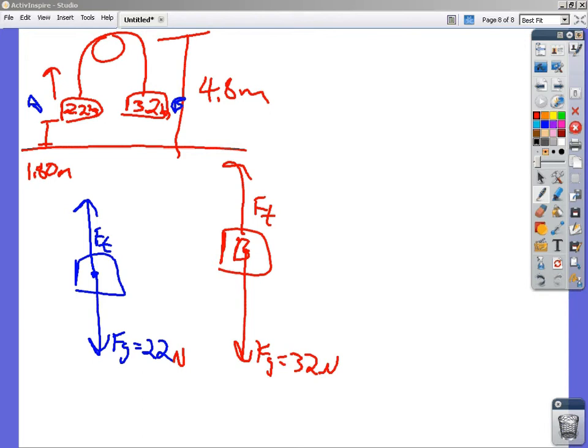For this block, it's going to be the force of tension minus Fg. Tension force. And I'm actually going to do this minus M_A g.